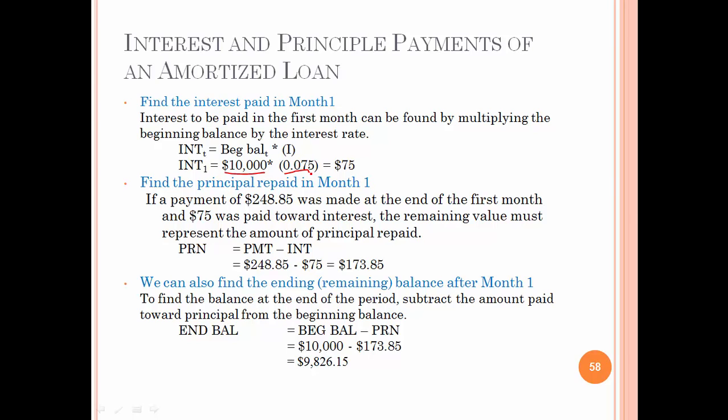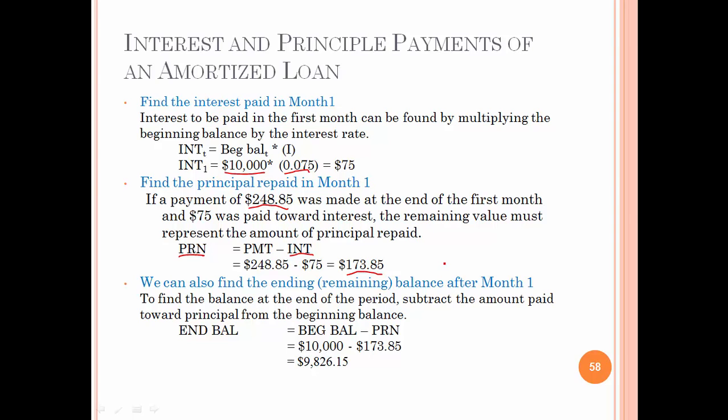Remember, the total payment we make every month is $248.85. We can think of this total payment as the sum of the interest payment and the principal payment. Interest payment is $75, so the principal payment is $173.85.